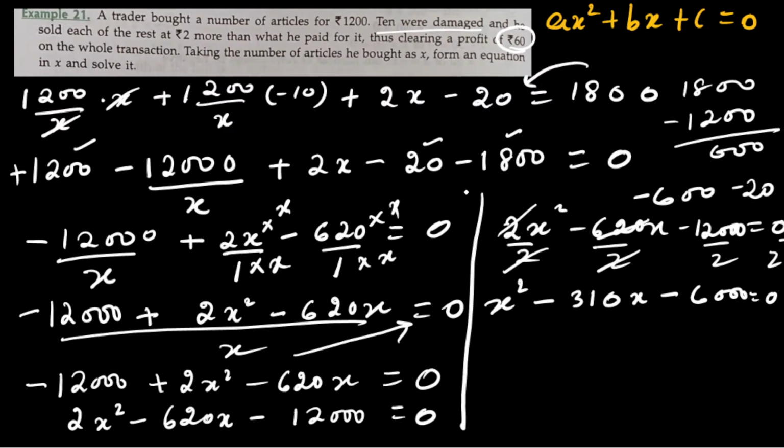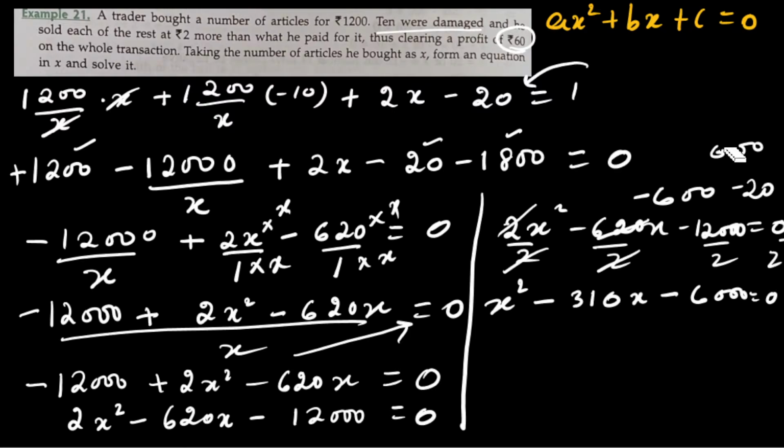I think we have made one mistake. Ma'am, the equation is okay. So Tarun has, at the starting itself, by mistake I wrote 1800.